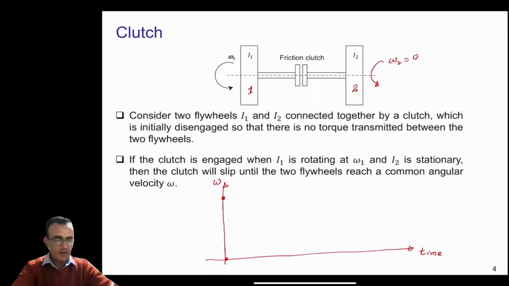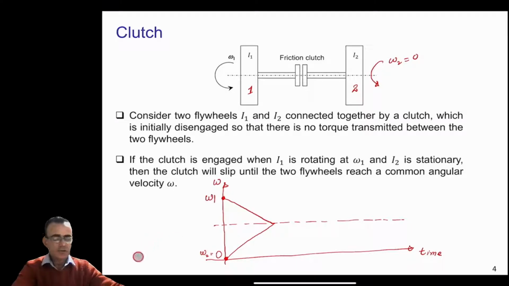For flywheel 2, the angular velocity is 0, which is this point here. For flywheel 1, this was the initial angular velocity omega 1, and omega 2 was 0 here. If you engage these friction wheels together, omega 2 will increase, something like this, and omega 1 will decrease, something like this.